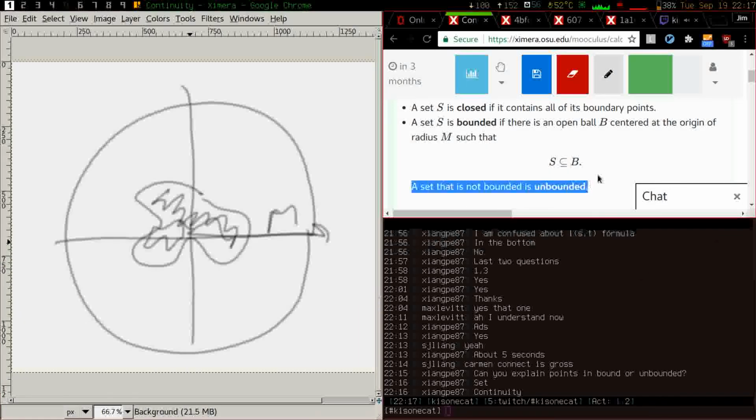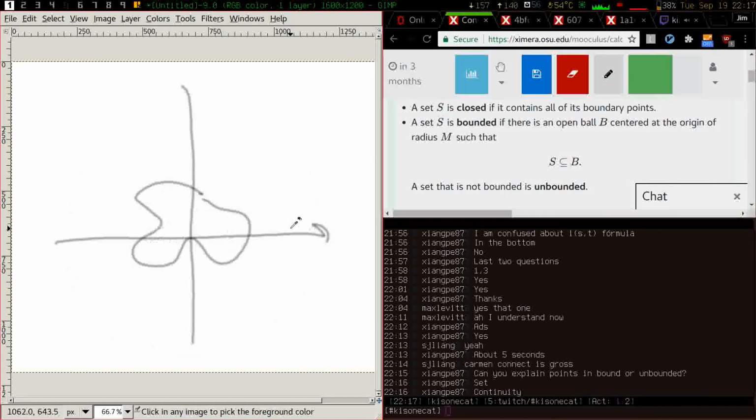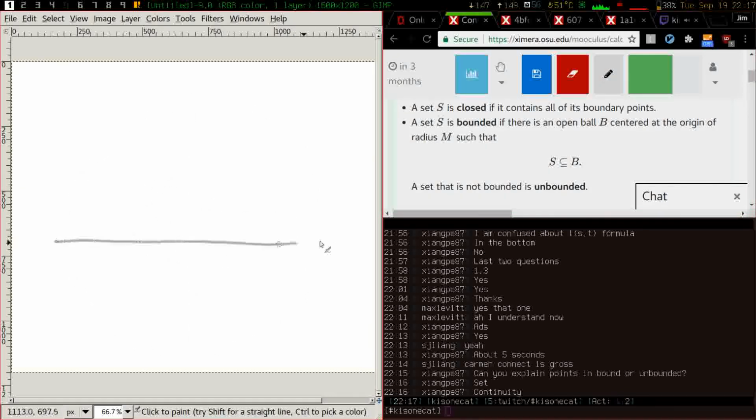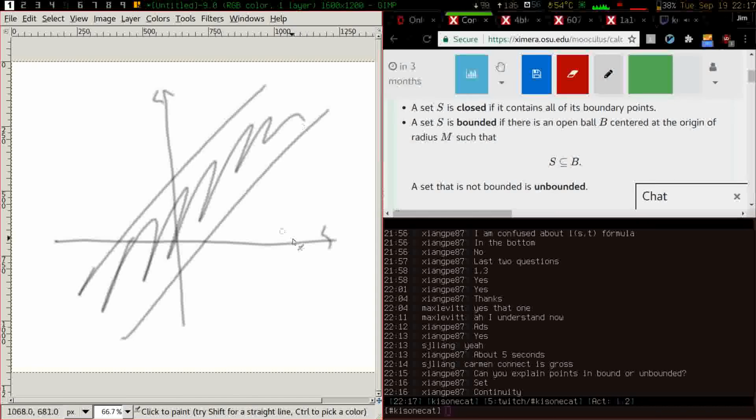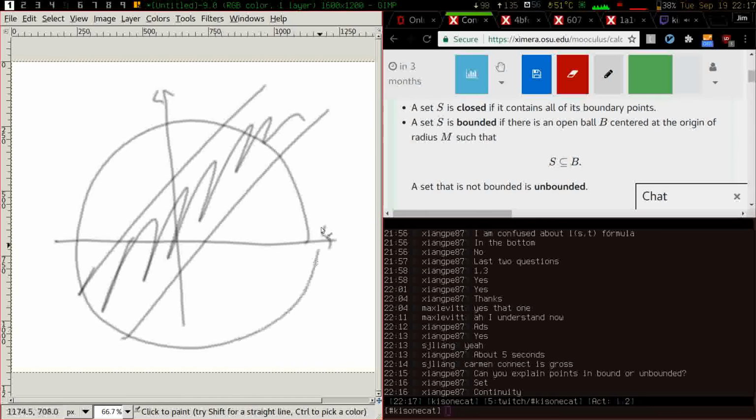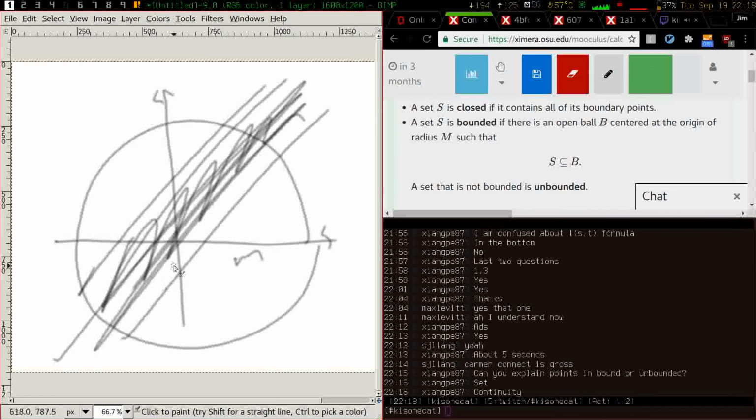I love definitions like this. An example of that is, say, a set that looks like this. It's this strip that goes on forever. No matter how large of a ball you end up looking at around the origin, no ball is ever going to contain this infinite strip. So that infinite strip is unbounded.